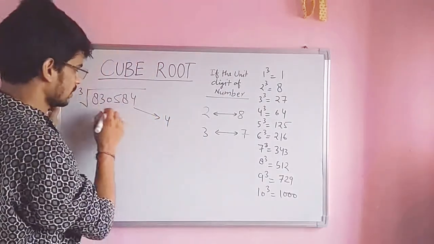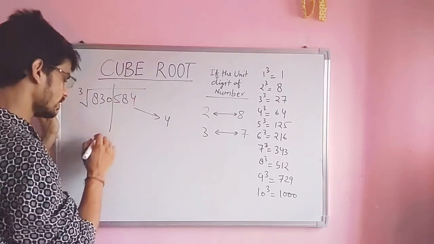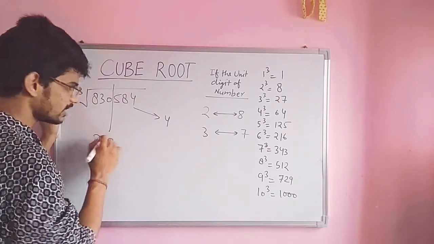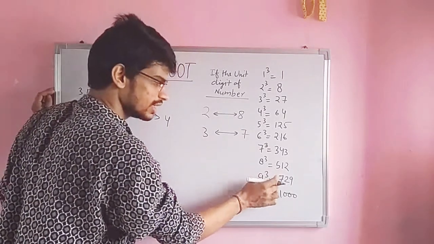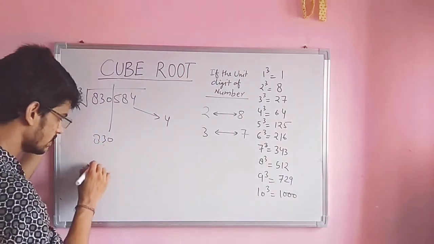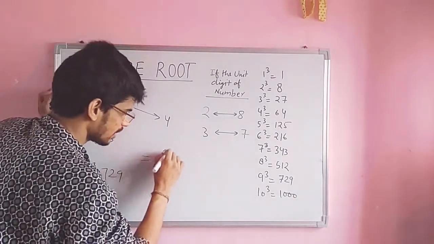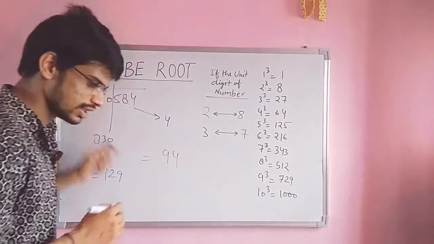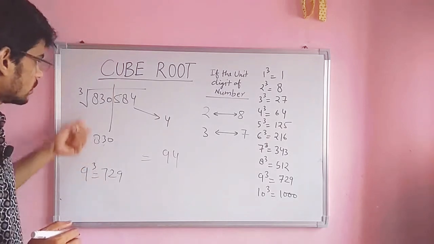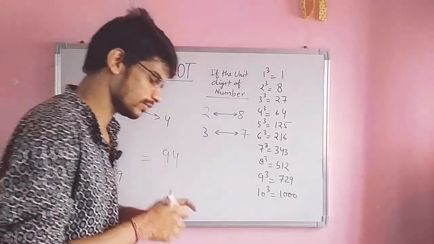Now cut the last three digits and note down the 830. 830 comes under what condition? 729 and 1000. So we take 9, whose cube is how much? 729. So now we calculated the cube root of 830584 is how much? 94.